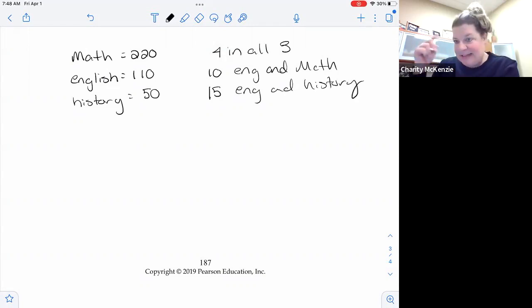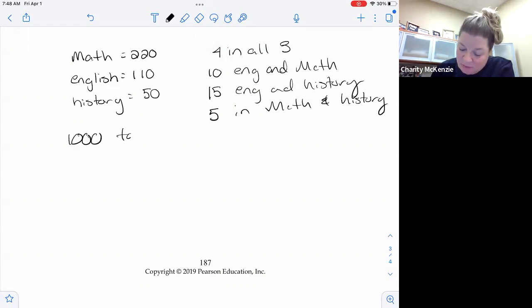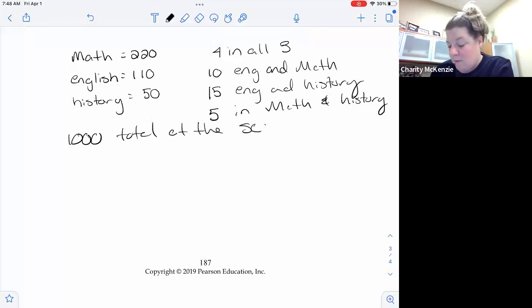Last subset would be math and history, and we'll say there are 5 in math and history. And we'll say there are a total of, I got to make sure it's big, we'll just say 1,000 total at the school.